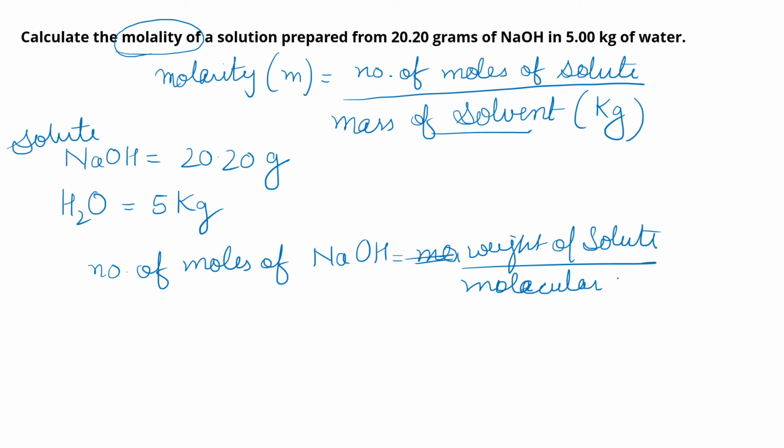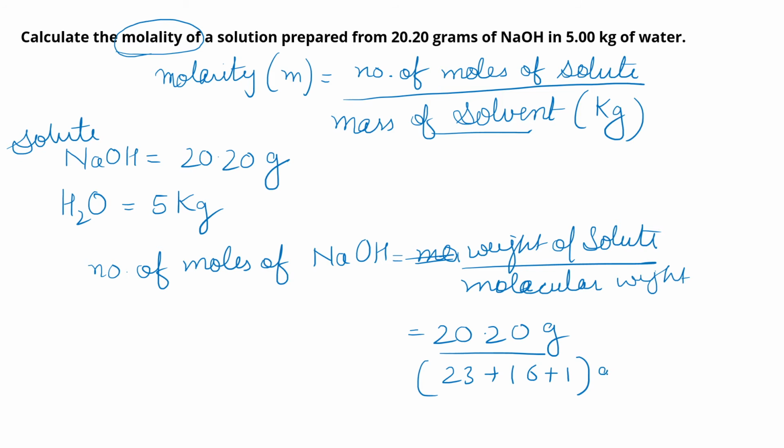What is the weight of solute they have given? They have given 20 gram. Molecular weight of NaOH is sodium has a 23, oxygen has a 16 and hydrogen has a 1 gram per mole. So gram and gram will cancel out and will be left with 20 divided by 40 mole. I hope I am clear up to here.